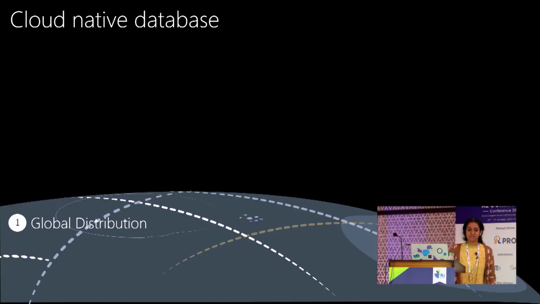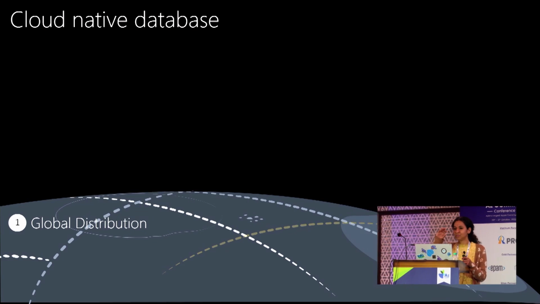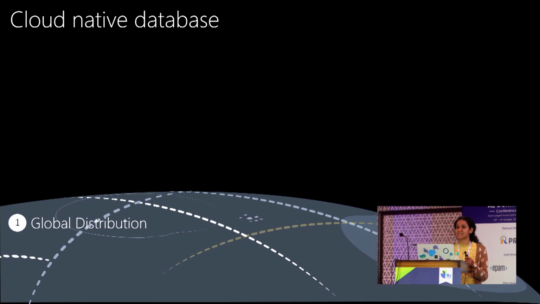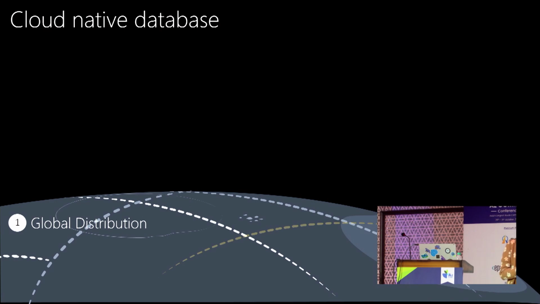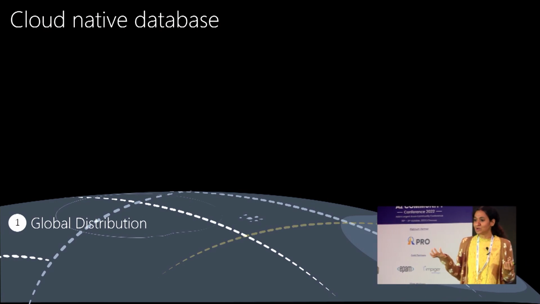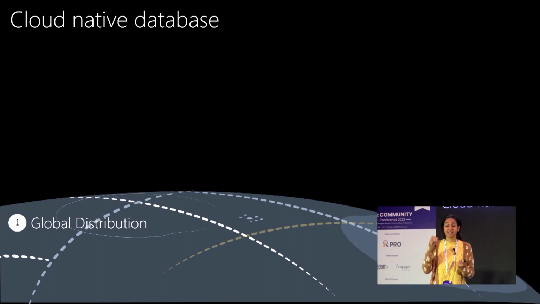So we can understand this in maybe two or three big pillars as a cloud native database. When I use the word cloud native, I want it to be available across the globe, so it's geo-distributed. Cosmos DB is Azure's ring zero service.